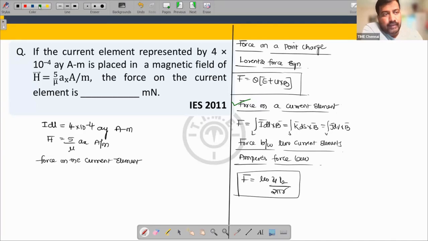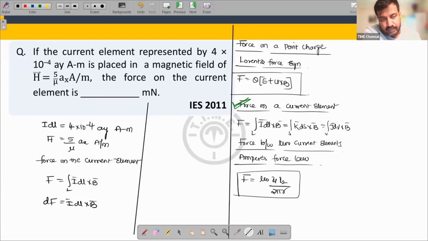So the formula that is apt for this situation is the line integral of I dL cross B. Because the limits are not given, you cannot apply the integral. So the small amount of force dF suitable for this situation is I dL cross B. So please do it and let me know the answer.